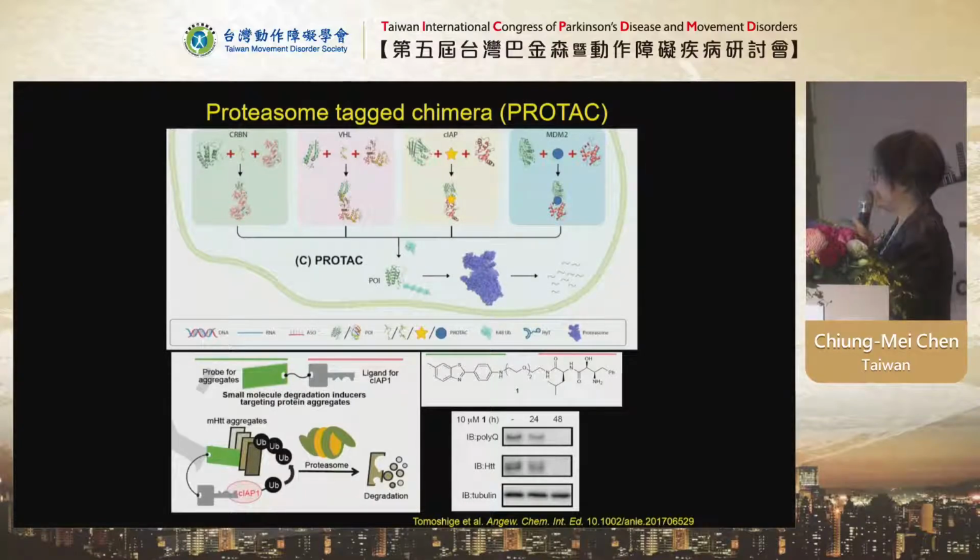A group in Tokyo has a synthetic compound that has been used as a linker to link cIAP1 and polyubiquitin and mutant huntingtin, and bring the mutant huntingtin into the proteasome for degradation. They have shown this molecule decreases mutant huntingtin in HD fibroblasts.